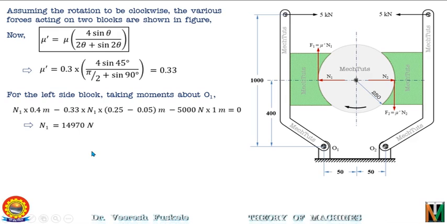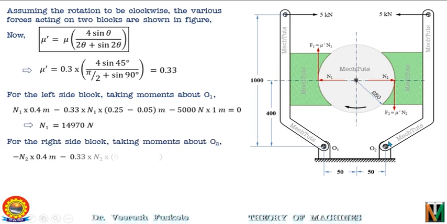So the moment equation can be written as, for the right side of the block we have to take moments about O2, and the moment equation is minus N2 into 0.4 and minus F2 into 0.25 minus 0.05 meter and plus 5000 into 1. So these two are clockwise and this is anti-clockwise. So from here we can calculate the value of N2, which is nothing but 10730 Newton. So we have obtained the values of N1 and N2.